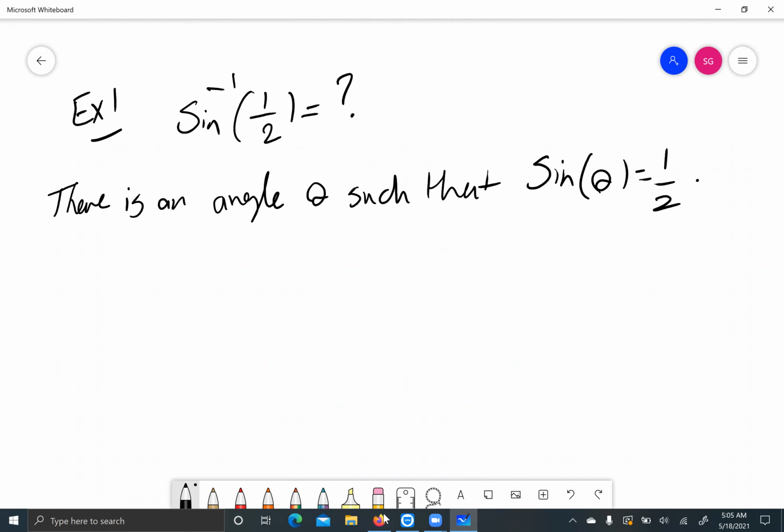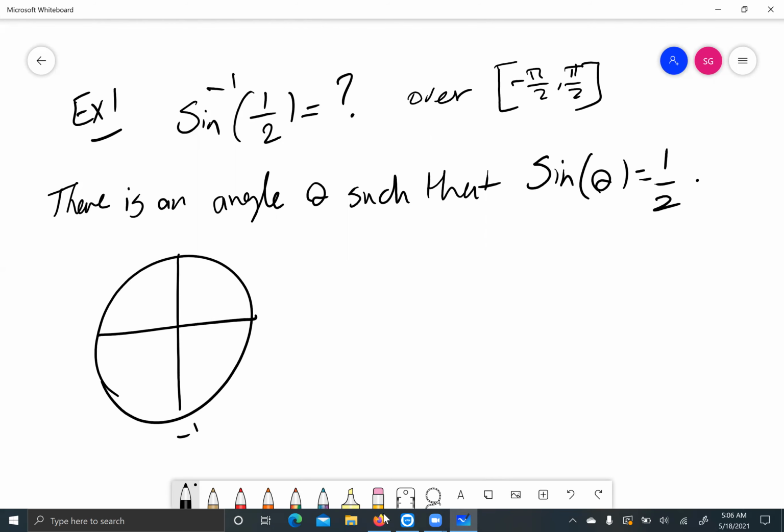So we know that there are many angles in general that give us half. But because the function sine inverse is defined over negative pi over 2 to pi over 2, the question becomes between negative pi over 2 and pi over 2. So like here, this is negative pi over 2, this is pi over 2.